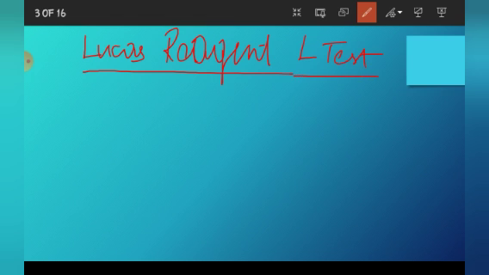Now what is Lucas reagent? Conc HCl plus anhydrous ZnCl2 is known as Lucas reagent.